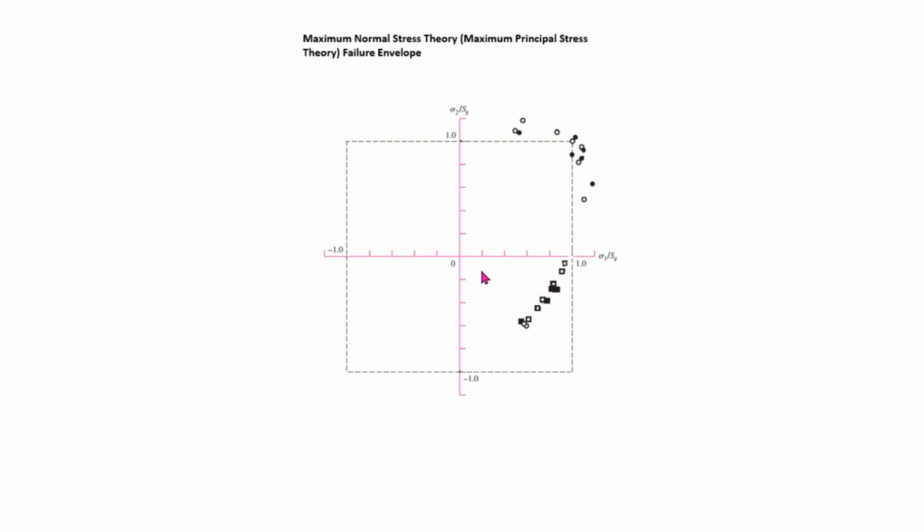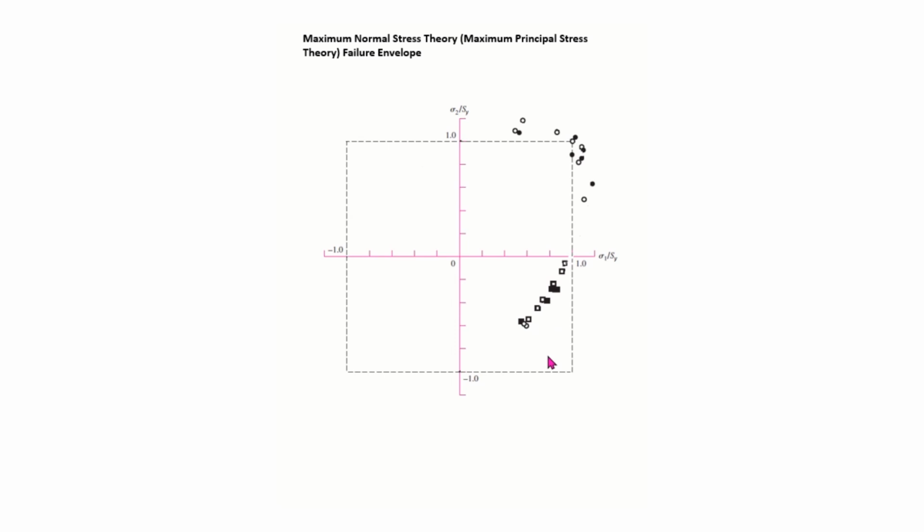So in this quadrant, where again we have a tensile sigma 1 and a compressive sigma 2, we overpredict the strength of the material, and this failure theory is unconservative and actually can give us significant error.